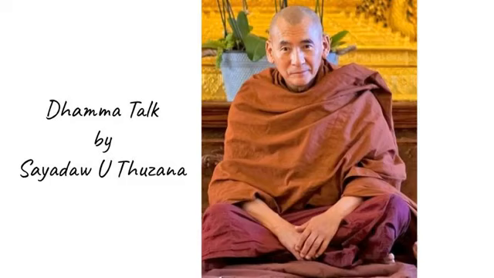So the second question is, the five factors of jhana are direct opposites of the five mental hindrances. Which is the direct opposite of which? Vitakka is the opposite of sloth and torpor, Tina and Meda.